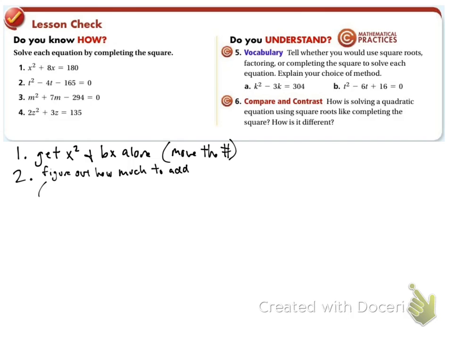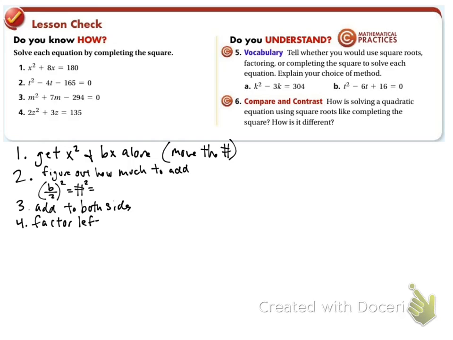That's your b divided by 2 squared equals some number squared, and that gives you some answer. Then you need to add that to both sides. And then you need to factor the left side.